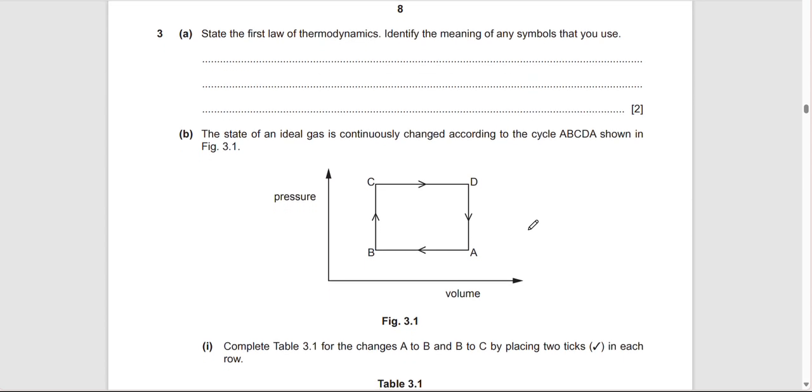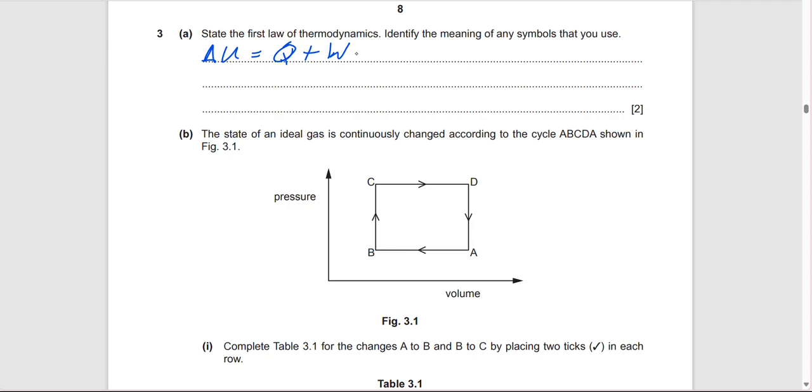Question 3. State the first law of thermodynamics. Identify the meaning of any symbols you use. All right. So for this particular question, the first law of thermodynamics is delta U equal to Q, energy supplied, plus the work done on the system, right?